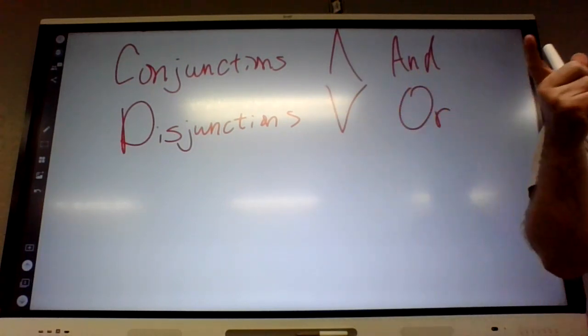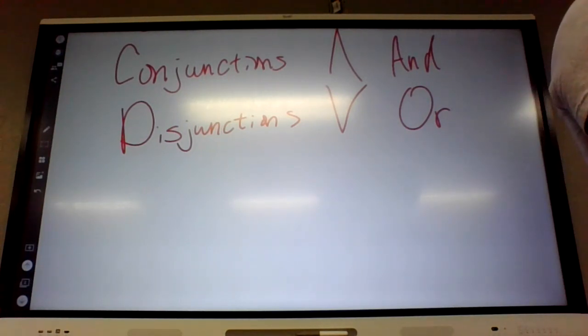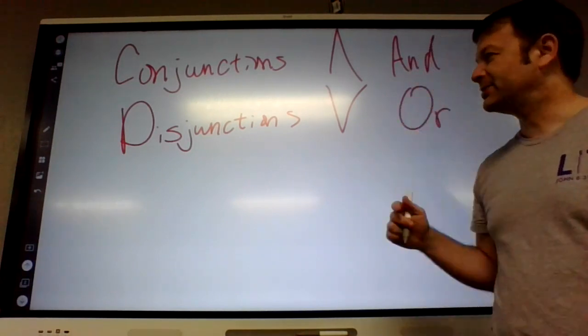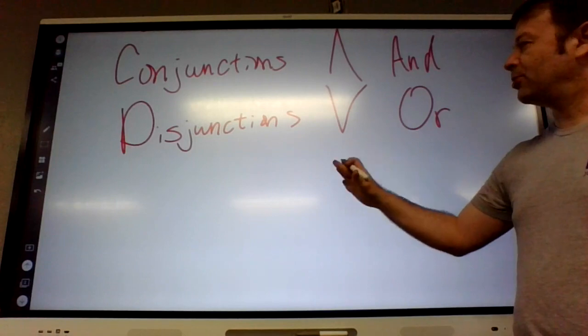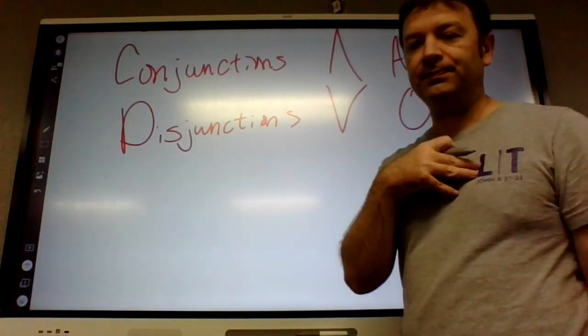Now, in logic, or if they're both true, that's still okay. So if I end up going to DC and to California, that's still a true statement. So with or, at least one of them has to be true, or both of them.